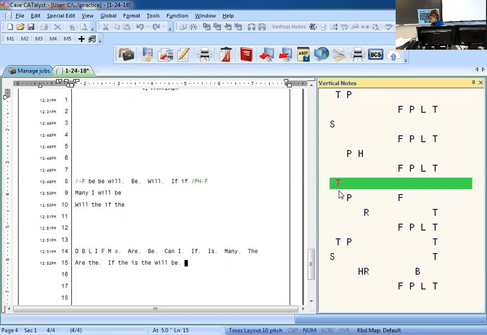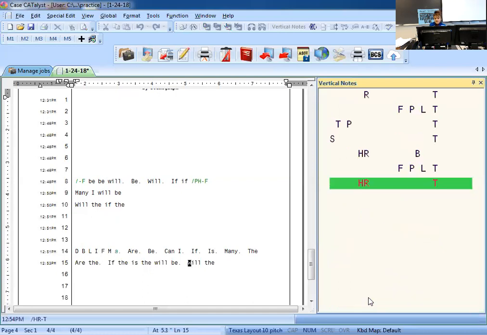Will the is HRT or LT, will the. Okay? And then you've got with the, WT, with the WT together. Make sure you know those. Are the is RT, if the FT, is the ST, will be HRB, will the HRT, with the WT.